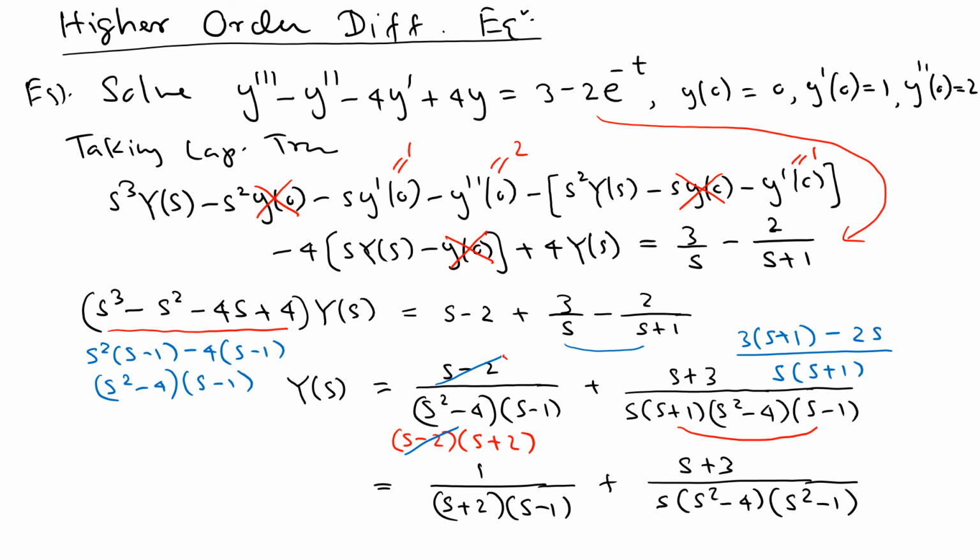So you write Y(s), and if you write everything as one fraction, you're going to get s times (s squared minus 4)(s squared minus 1).